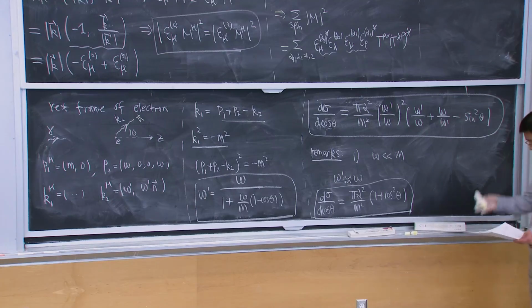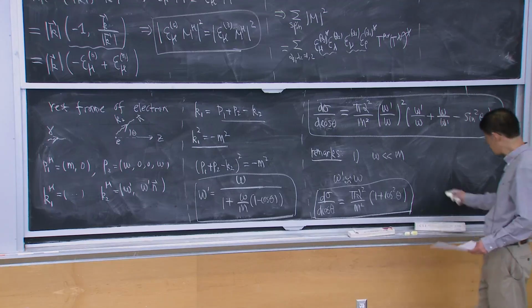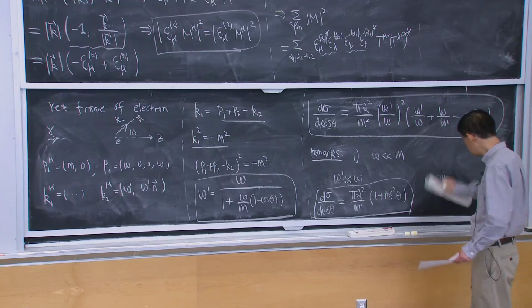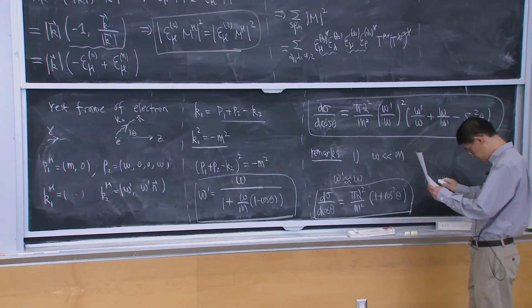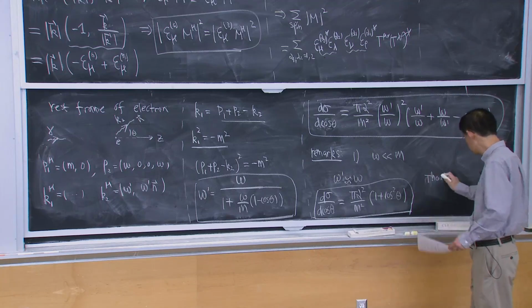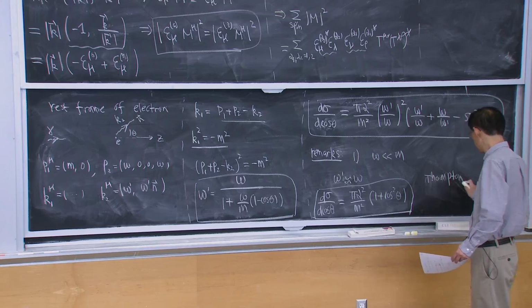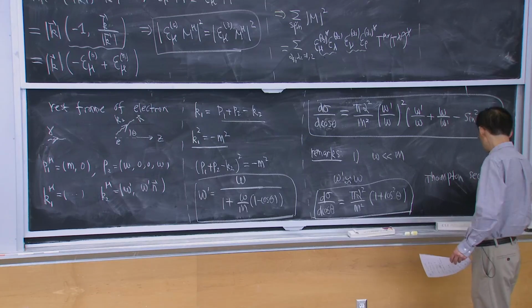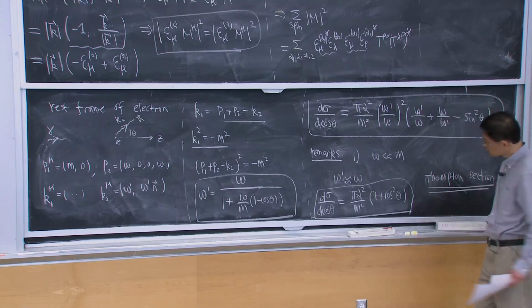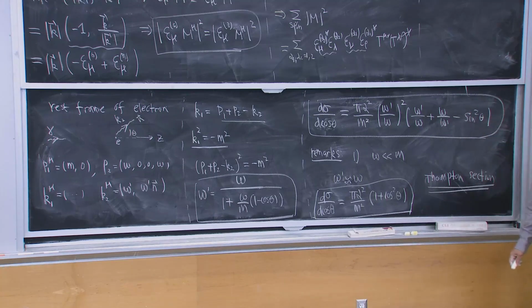Okay, so this is a famous formula from more than 100 years ago, or even more, because this is the classical result. This is called the Thomson cross section, derived from classical electrodynamics.